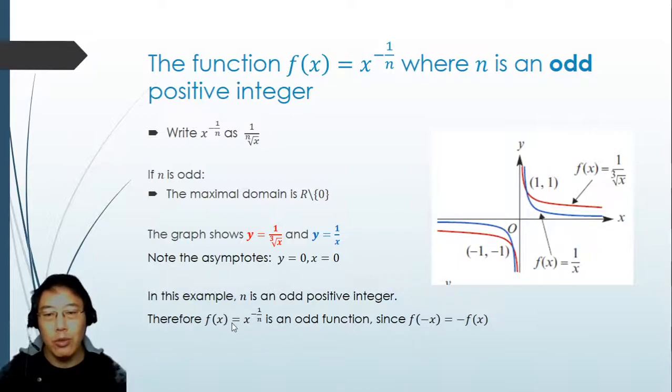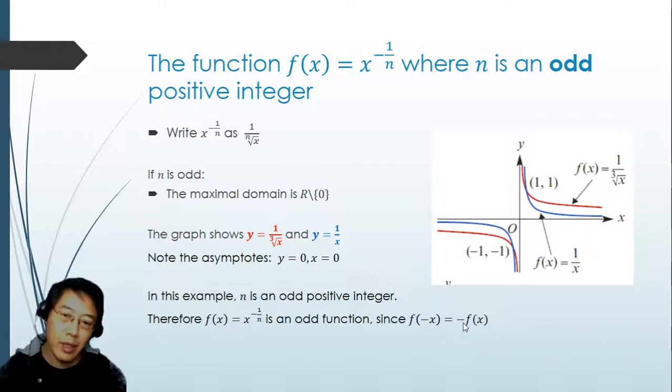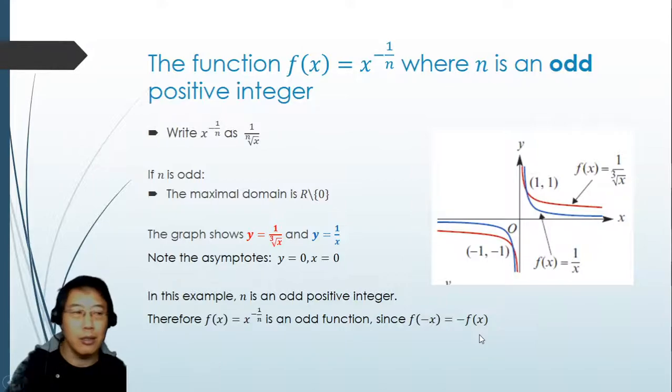Also, you can see that the function is odd. If you substitute negative x and rearrange that expression, you can take the negative 1 factor outside the power function using your index laws, and having negative f of x tells you that the function is indeed odd.